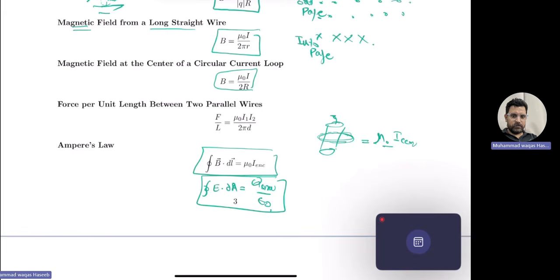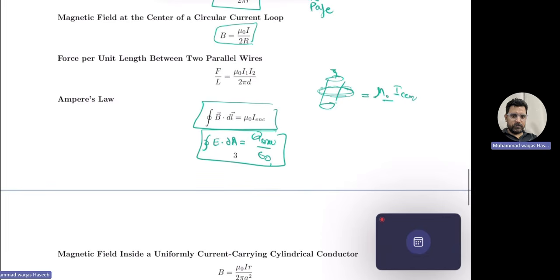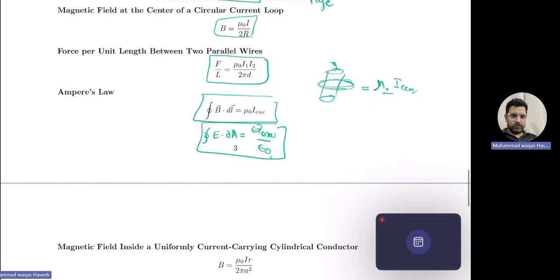And this is the Biot law, which is related to two conductors when current is flowing in them, and the force per unit length is represented by this relation.